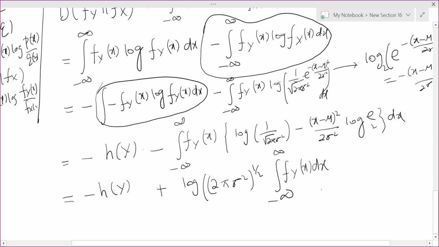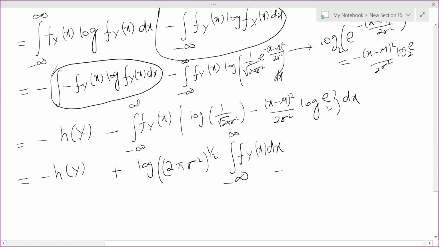Okay, minus will become plus 1 over 2 sigma square log e to the base 2 integral (x minus mu) square fy of x dx.